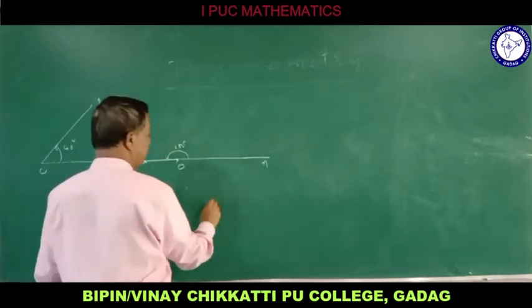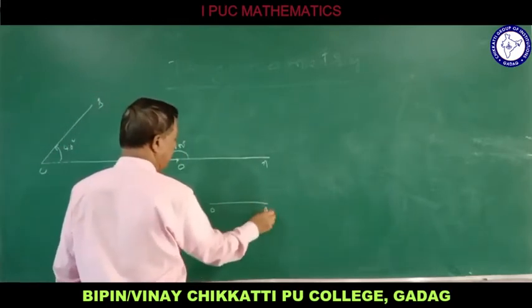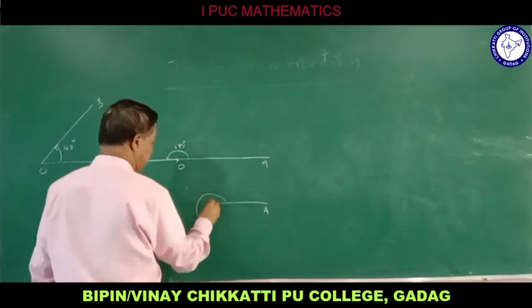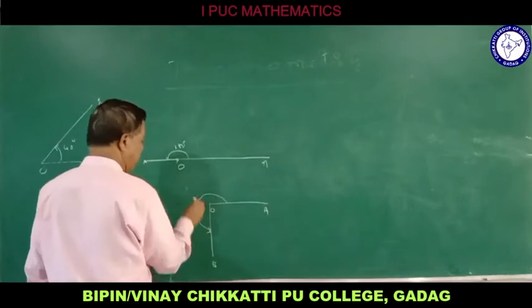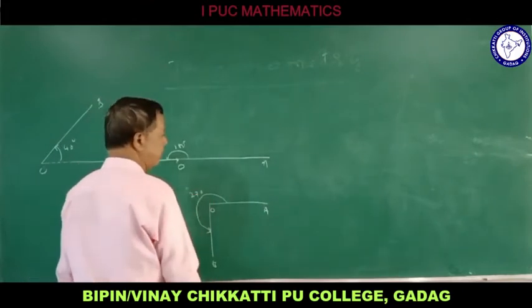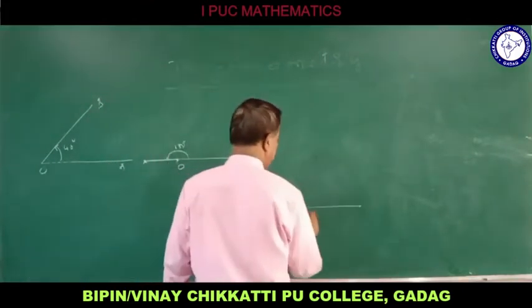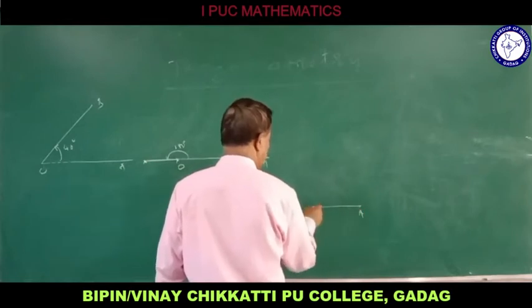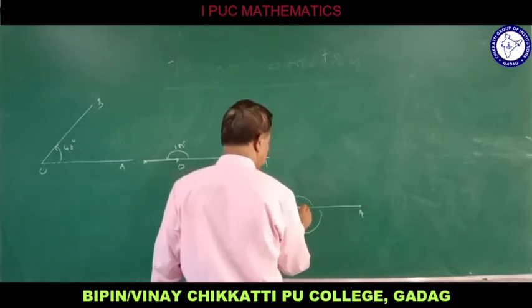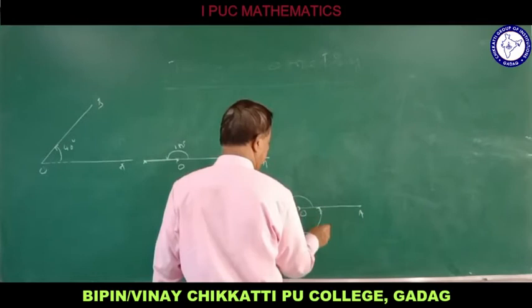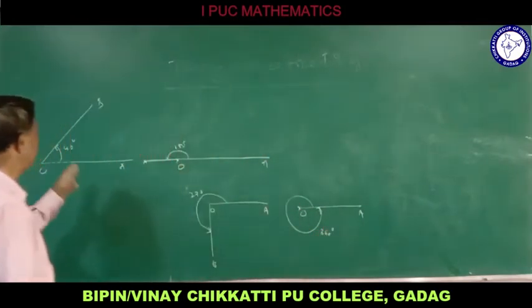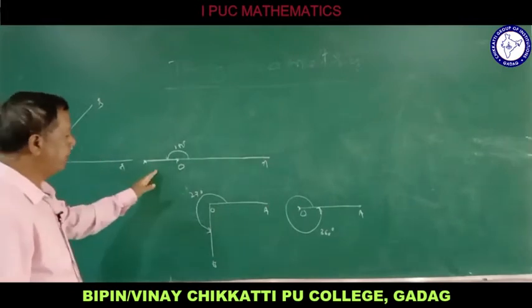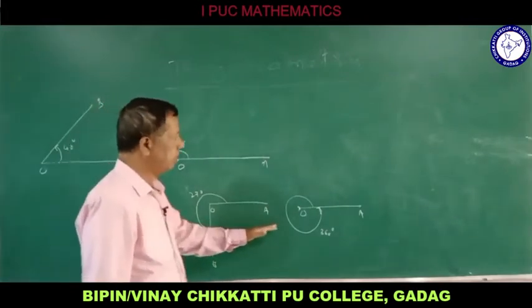Even if you see this is O, A, the rotation of the ray is like this, and you see this is 270 degrees. Even if you go for taking O, A, rotating one complete rotation from here, you can see that is 360 degrees. Here 40 degrees, 180 degrees, 270 degrees, 360 degrees.